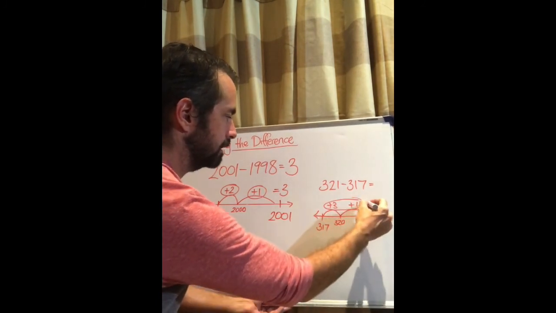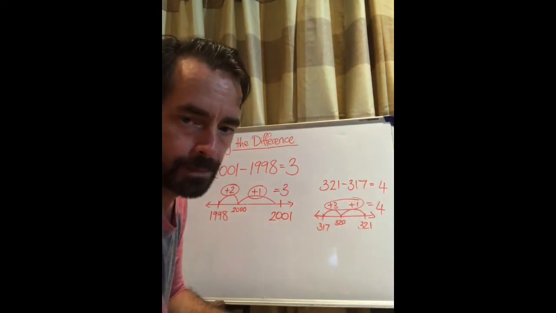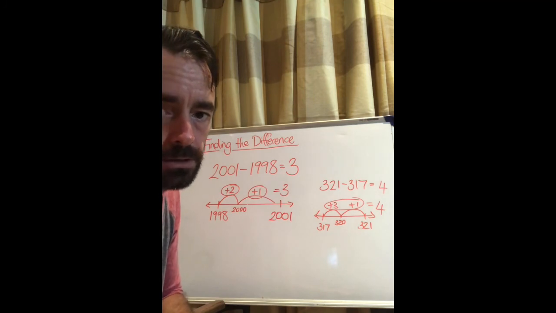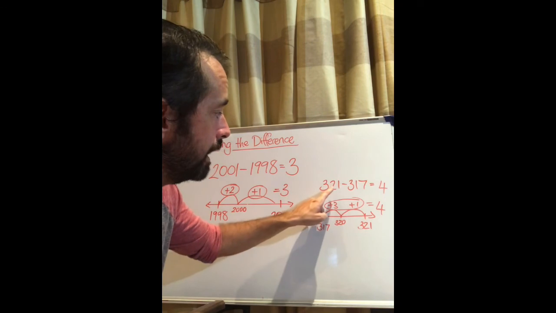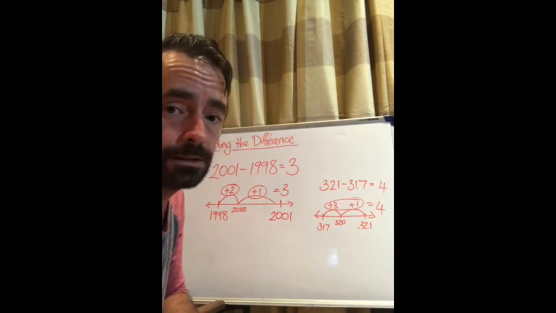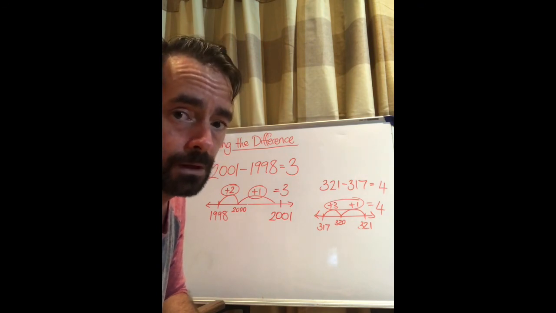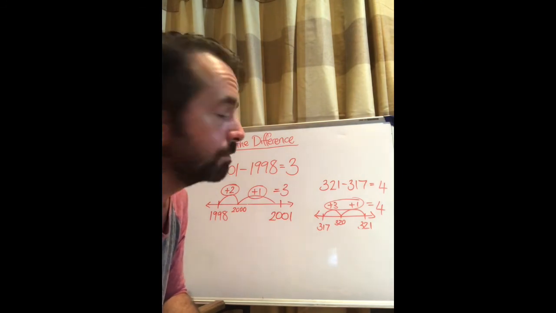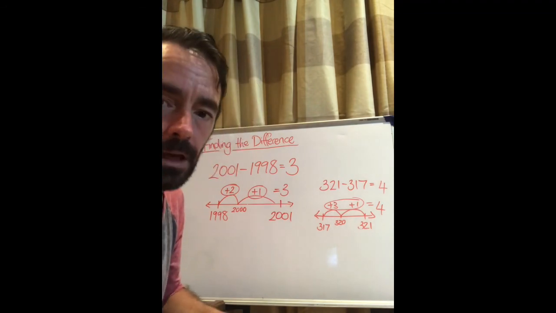What is the difference? The difference is 4. I know a lot of you do subtraction using column method, but rarely, if you had a problem like this, finding the difference would be the most efficient strategy. And over the years to come, it will get to a point where you will simply be doing it in your head. All right. Good luck with that, guys.